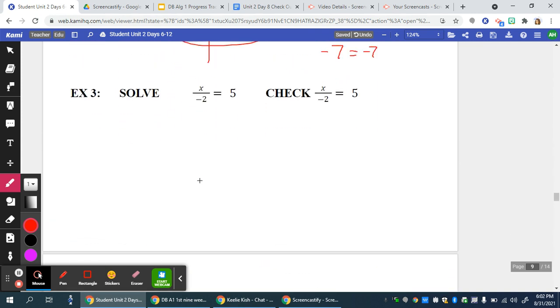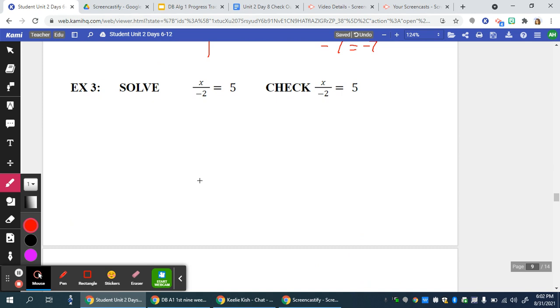Okay, we're going to try it again. 2 more examples. Number 3, solve. Let's use green. I'm going to draw my line, and I have x divided by negative 2 is equal to 5. So I need to do the inverse operation of division, which is multiplication. What I do to one side, I do the other. Oops, sorry, I forgot my negative.